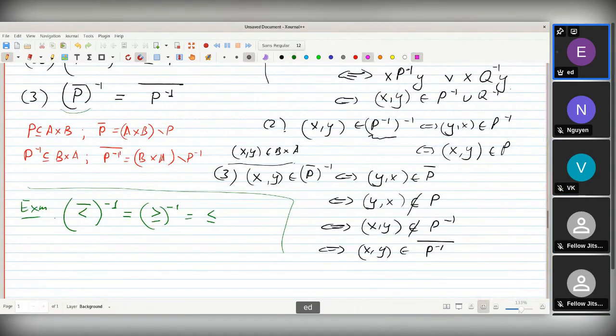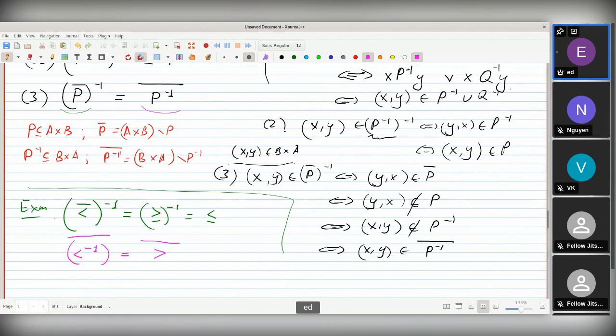And what about the right-hand side? What if we first convert a binary relation and then take the complement? What is the conversion of less than? Greater than.